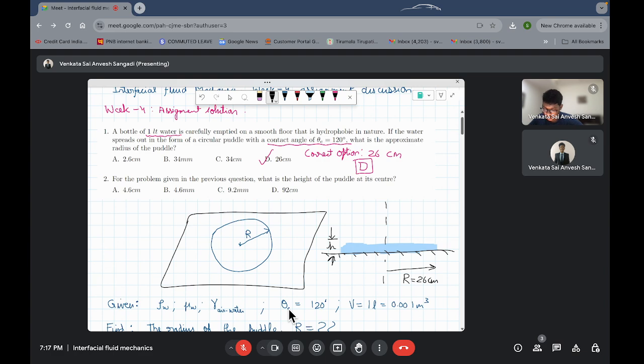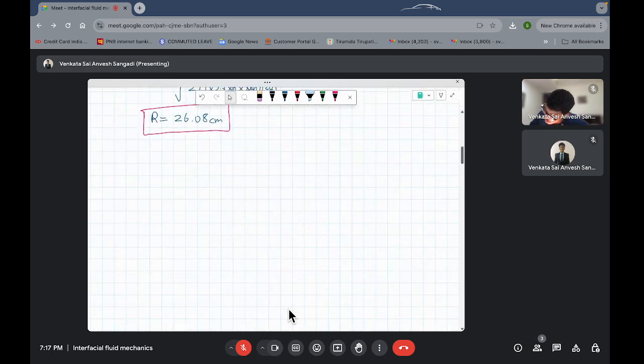This time we are asked in the question what is the height of the puddle. We'll ask the height of the puddle h.